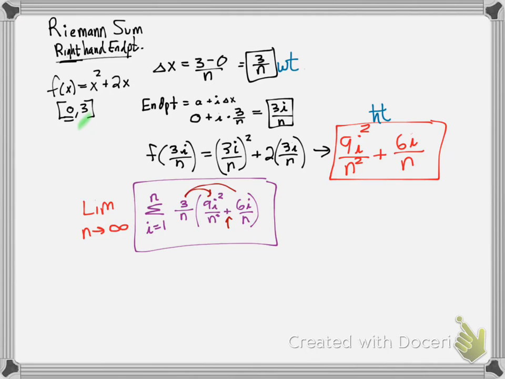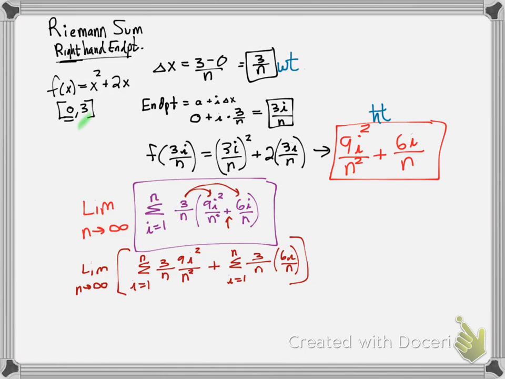I know this is multiplying each of those, so I really could write it as sigma from 1 to n of 3 over n times 9i squared over n squared, plus a sigma for the second piece, same values 1 to n, of 3 over n times 6i over n. And we're still going to end up doing the limit of all that as n approaches infinity.